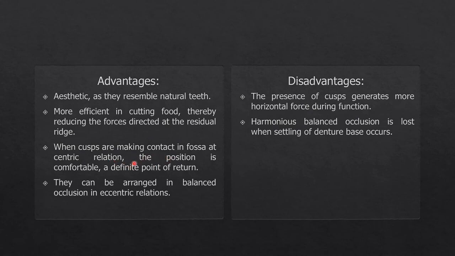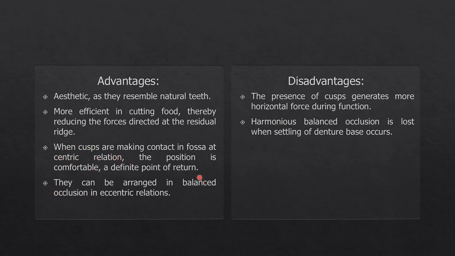The cusps make contact in the fossa in the centric relation position, and this is a comfortable position and a point of definitive return. Because of the cusps, the patient's teeth are guided exactly into centric relation and don't slide easily over each other, so it is a definitive confirmation of centric relation.